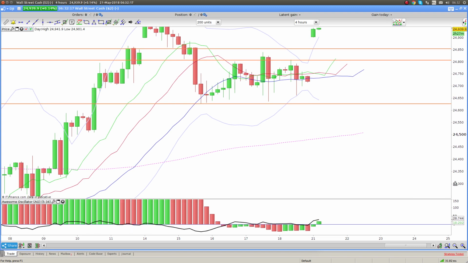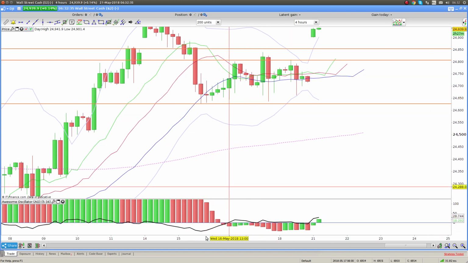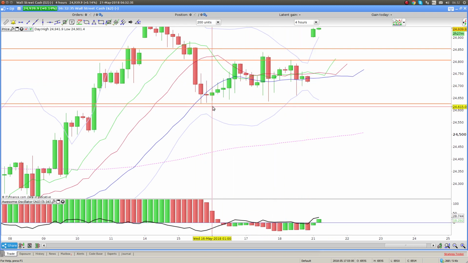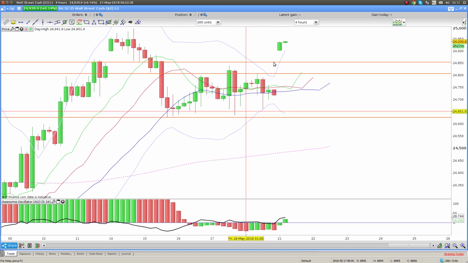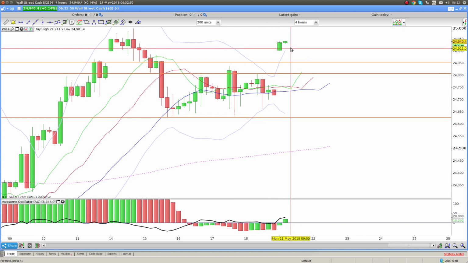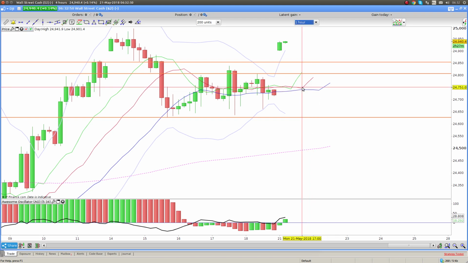But for now, you can see the Awesome Oscillator has given us nothing over the last week. It's just a whole week of consolidation, which is really tough to play and annoying as well. So hopefully what we're seeing here is a decent break, maybe a little bit of consolidation at this level, and then a further move to the upside. So let's just check the hour out and see.